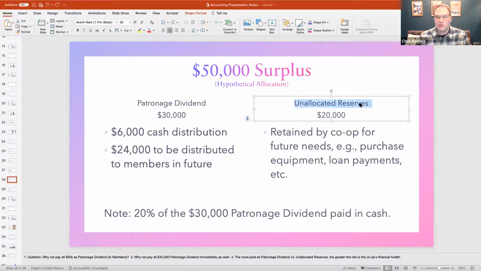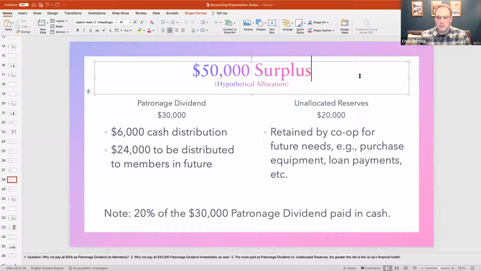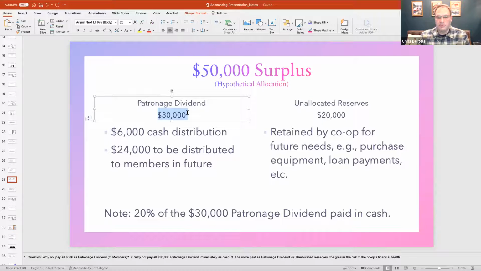That refers to how much is going to be retained by the co-op. Okay, so that's step one. Step one is this top level, determining how much of the surplus is going to the members as a patronage dividend and how much is going to the co-op.